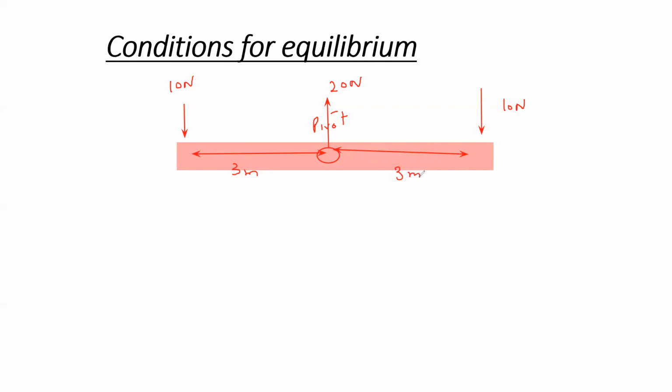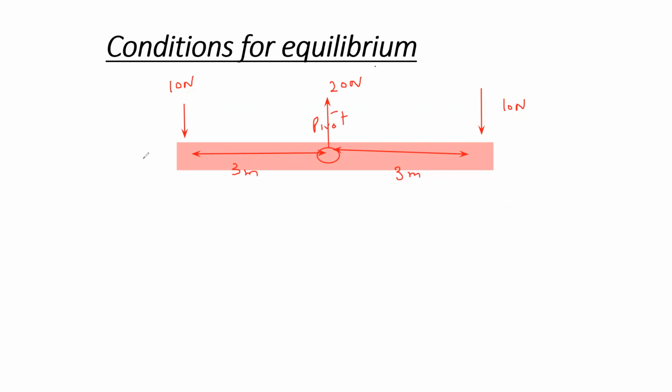Now what we have to do is identify whether it is in equilibrium or not. So how can we work out if it is in equilibrium? To know it is in equilibrium, there should be no resultant force, and there should be no resultant moment or turning effect.